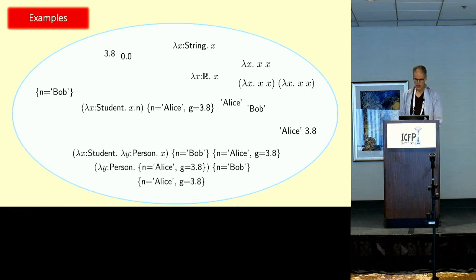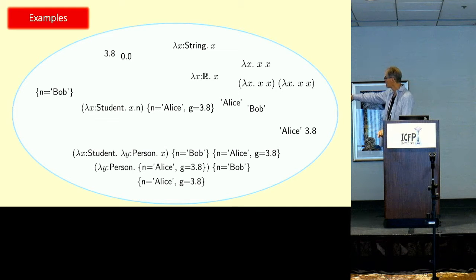So let's have some examples. There are lots of examples of terms. We can have some constant examples like numbers. We can have strings. We can have records. Sorry, that's an application of a function to a record. This is a record.